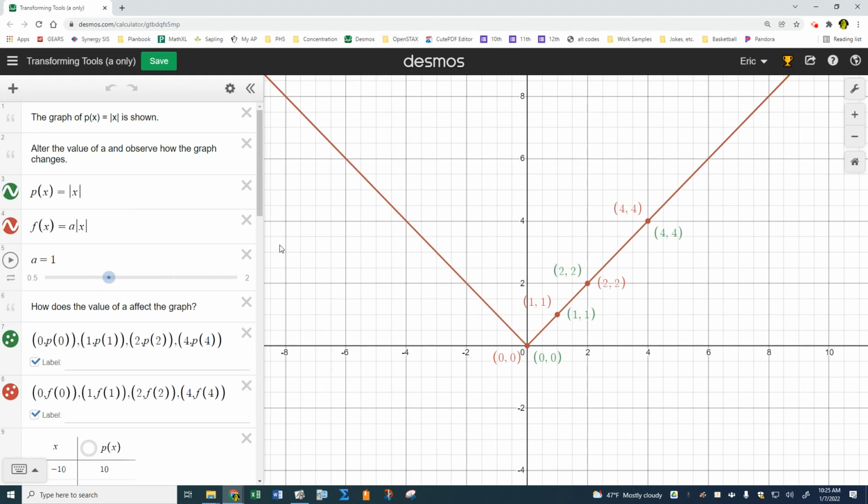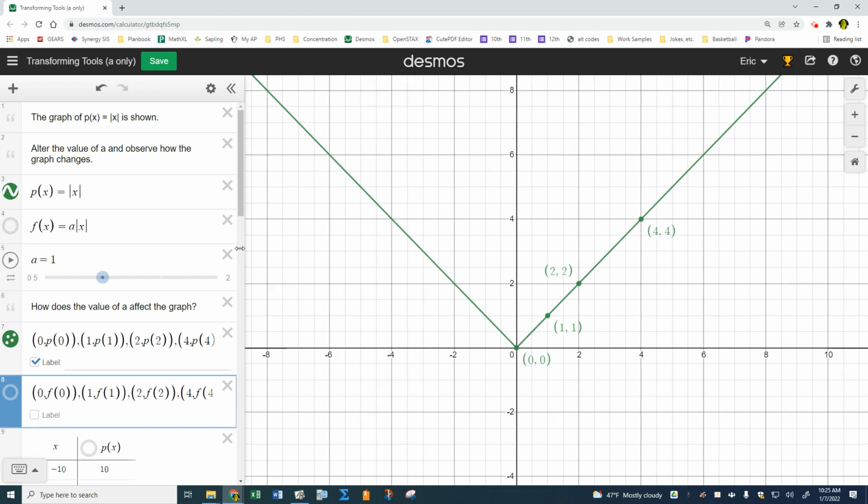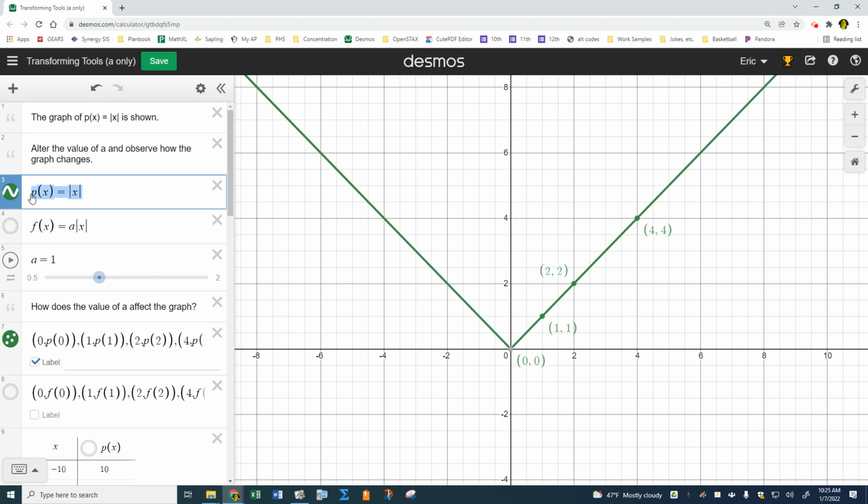So I got another Desmos document cooked up for you here. There's our regular parent graph absolute value function, just like yesterday. And now I'm going to turn on P of x. Everybody see that? There's P of x, absolute value of x.